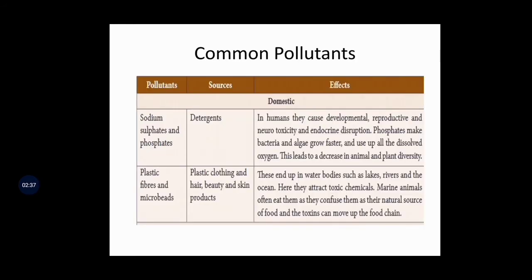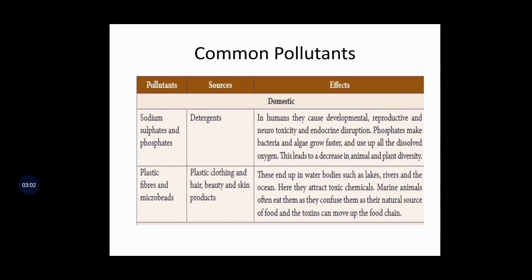This table gives you some of the common water pollutants and their sources and effects. The first pollutant is sodium sulfates and phosphates. It is present in detergents, which is very harmful for humans. The next one is plastic fibers and microbeads.